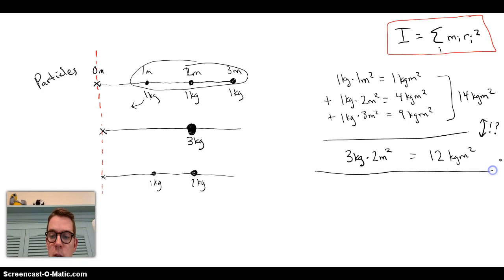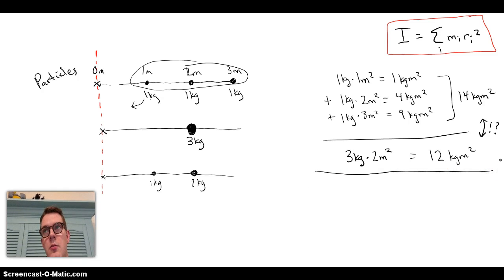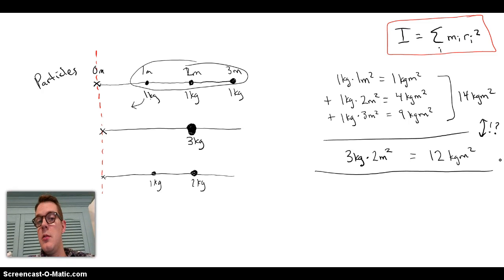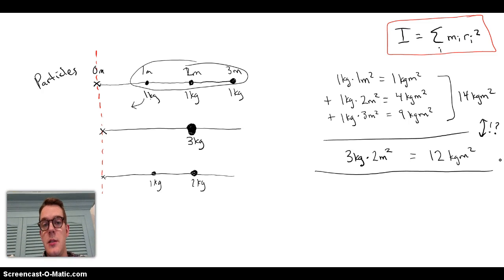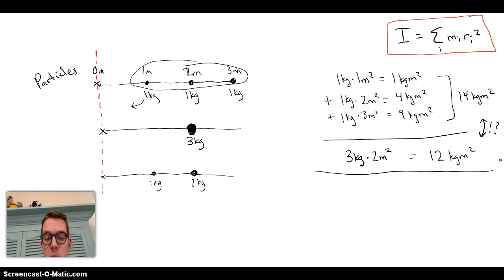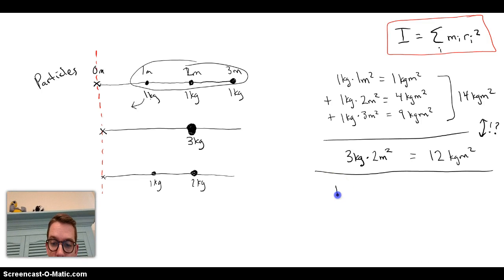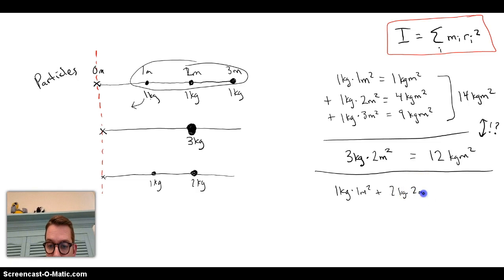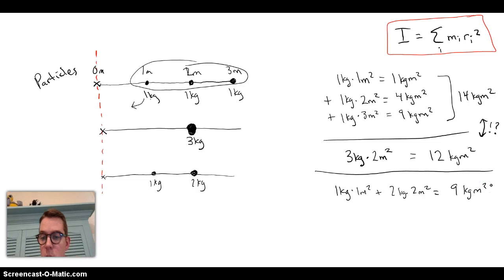So we know that that should reduce the moment of inertia, because the closer you get the mass to the rotation axis, the smaller the moment of inertia. So let's calculate that quick. That's 1 kilogram times 1 meter squared plus now 2 kilograms times 2 meters squared, and we should end up with, we get 9 kilogram meters squared. So we went from 12 to 9.